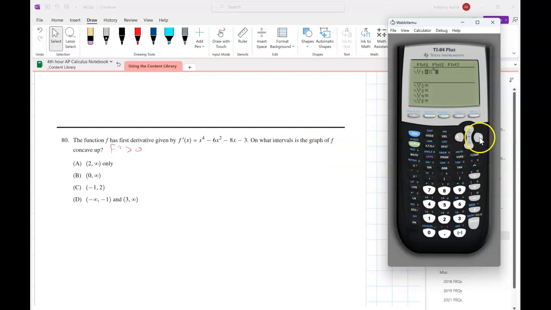If you have your calculator with you and you want to follow along, that is okay. But this thing I'm about to show you is pretty sweet. And now I don't want to look at the graph of f prime, so I'm going to turn that off.